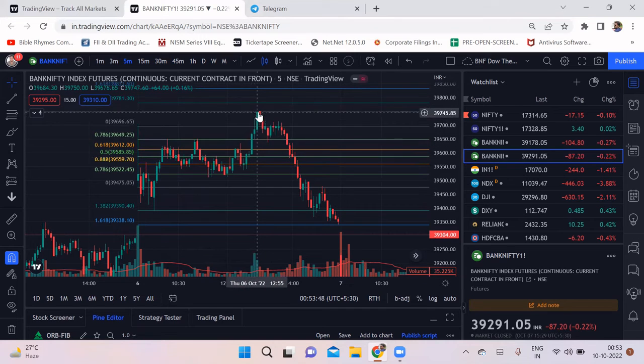Okay, but it did not touch 1.382, neither 1.618, and then it formed a double top kind of pattern and then finally closed below this. So this is one of the entries which could have given us money, because it straight away went up till 1.618. Okay, so there are two SLs, one here and one here.